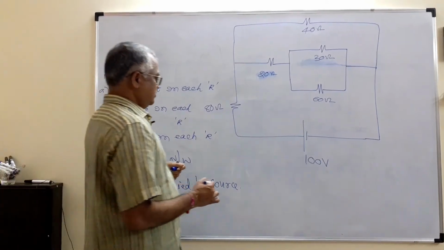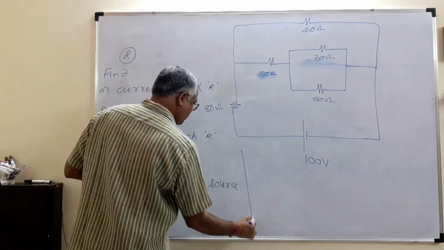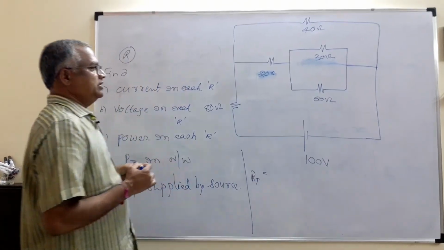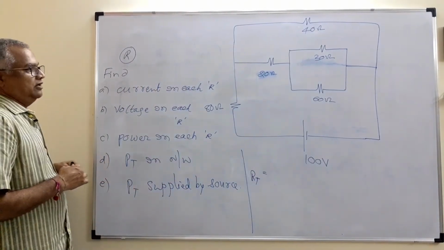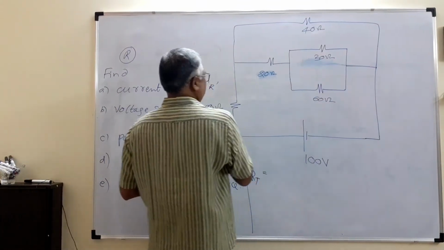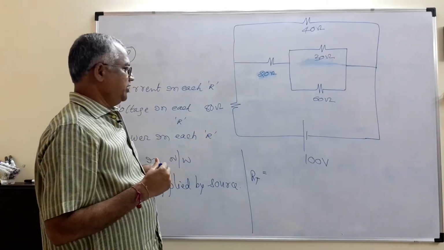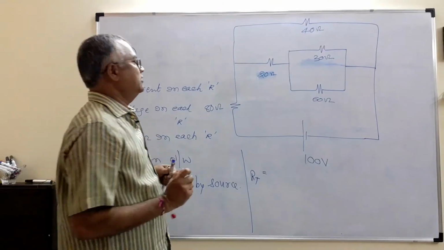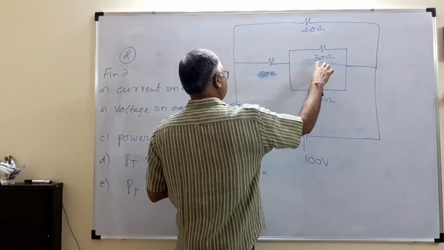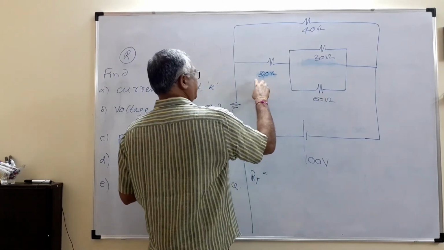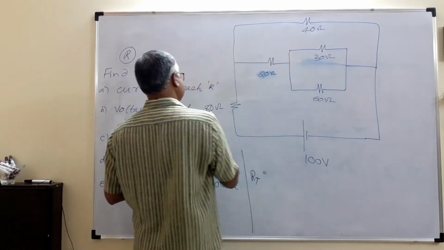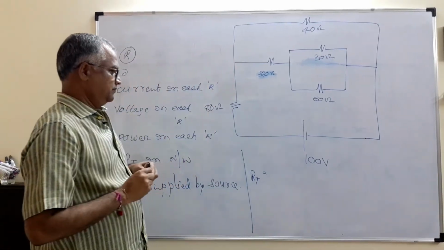So to answer this, first what we have to find? R equivalent. R equivalent is based on series parallel. So observe globally and find out R equivalent. If you look, these two are parallel and that is in series with 20, this total equivalent is parallel with 40, that is in series with 80.